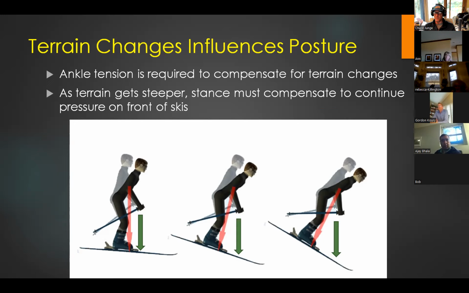Now, there are some folks that will argue that since the center of gravity is over the front part of the ski in steeper terrain, that is what's going to allow you to bend the ski more towards the front of the ski. I kind of threw that green arrow in there to remind us of that. And again, I'm going to argue that depends.